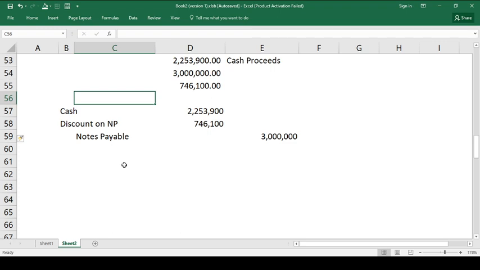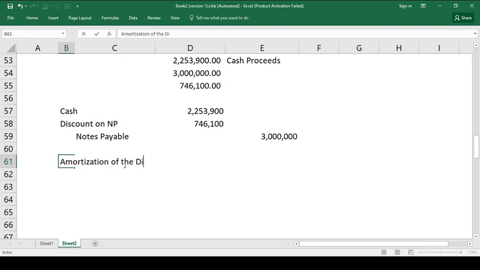Well, to amortize the discount, susundin po natin yung sinasabi ng IAS 39 as superseded by IFRS 9. Ang sabi doon, the acceptable method on amortizing the discount on notes payable is the effective interest method.